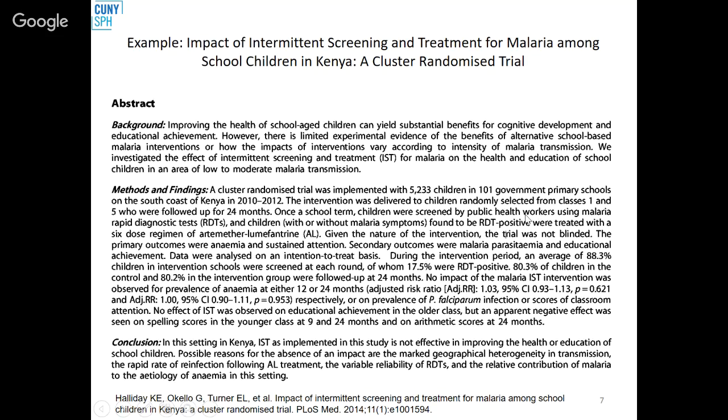Because if you look down here at the methods and findings, first of all, there's a bunch of proportions given. During the intervention period, an average of 88.3% of children in intervention schools were screened at each round, so they are screening a majority of the students in the intervention schools.